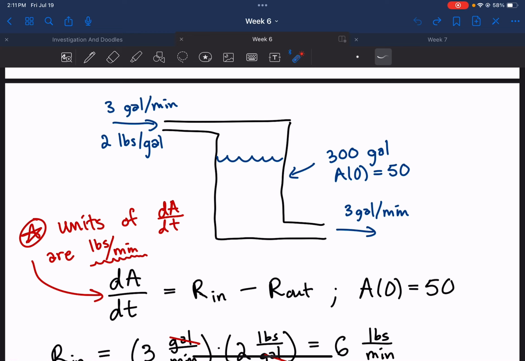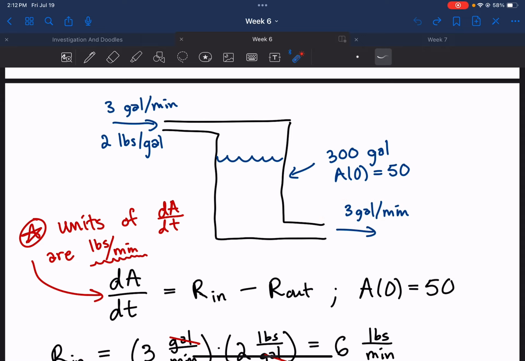Inside the tank, 300 gallons of salt water, excuse me, and at time 0, there's 50 pounds of salt, right? And we know that the mixture is exiting at 3 gallons per minute, right?